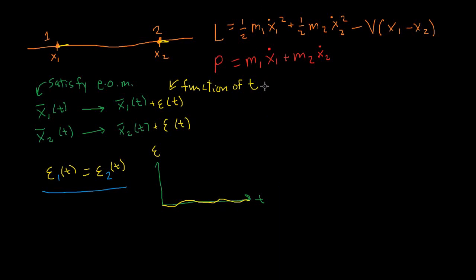All right, now I want to define my action, S. And I want S to depend on what path x of t I'm considering. And by x of t, I'm using x of t to sort of refer to x1 of t and x2 of t. So x1 of t is the coordinate of our first particle, and x2 of t is the coordinate of our second particle. And I'm sort of lumping it together into just x of t. So let me just move this to the side.